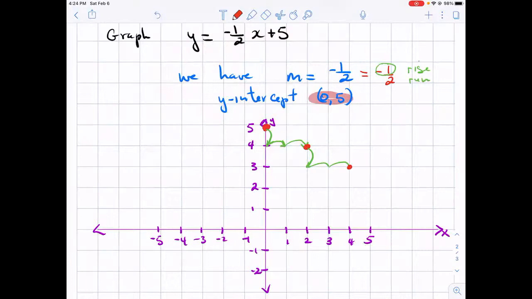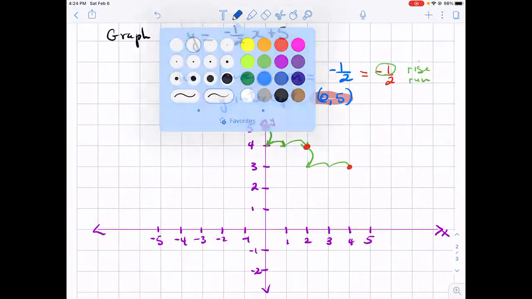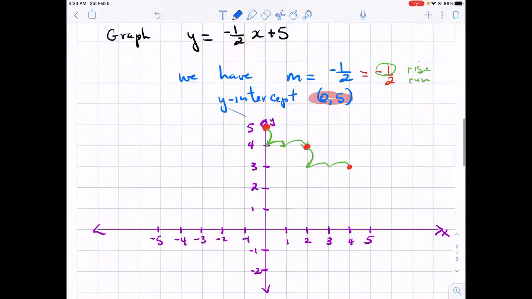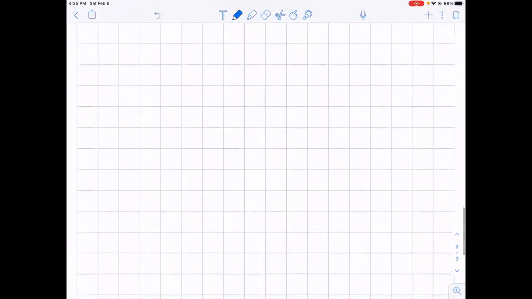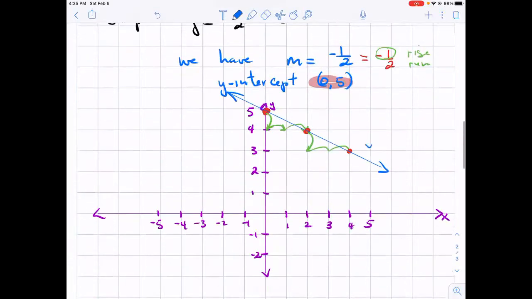And now I can take my line and connect those 3 dots, and this will be the equation of the line, y equals minus 1/2 x plus 5. You should observe that the slope is negative and the line is traveling downwards as you move from left to right.